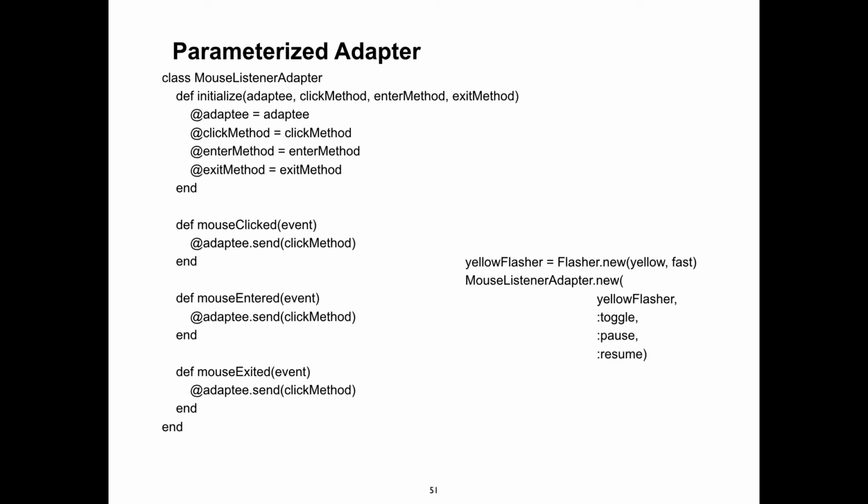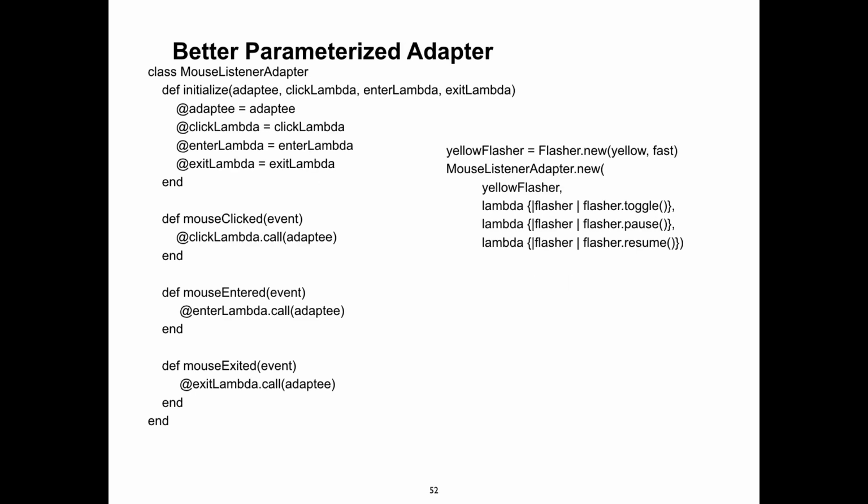If you're just adapting one method to call another method, then we can just pass in a lambda which does that. But unfortunately, lots of times when you're doing adapters, you have to do more work, and this won't work. You actually have to create a separate class. So we're passing in lambdas to make it easier.